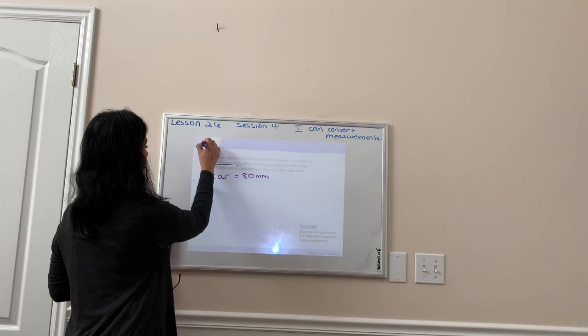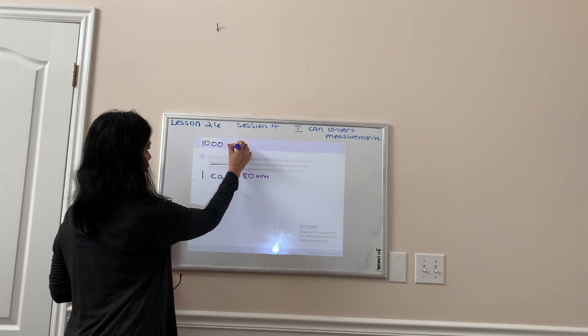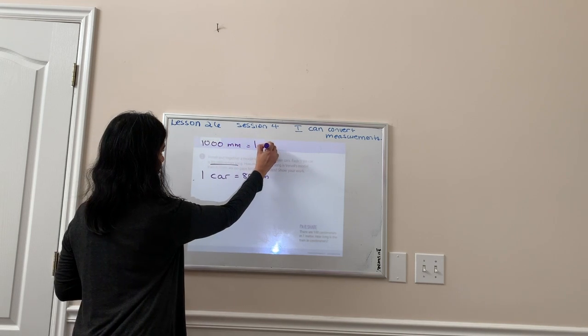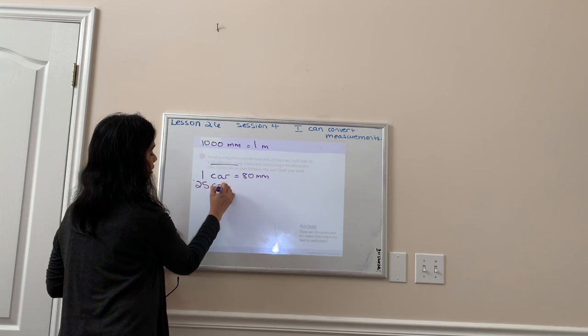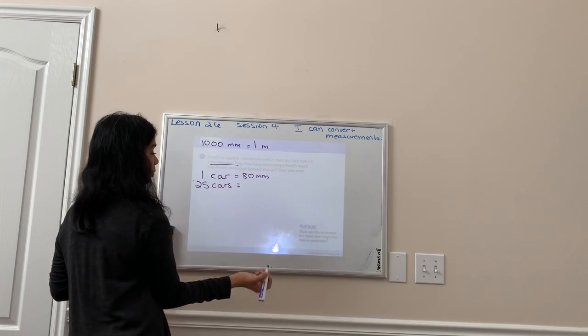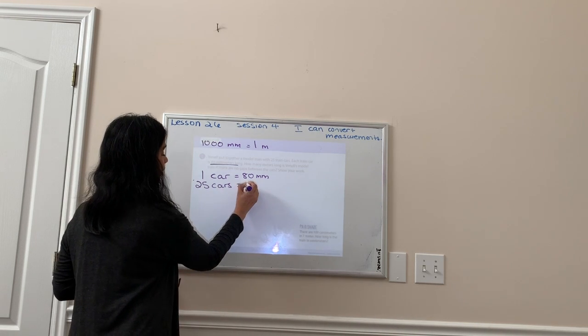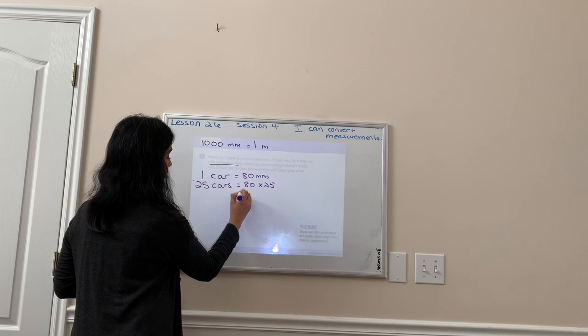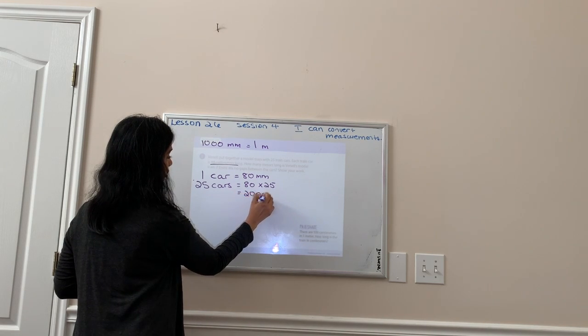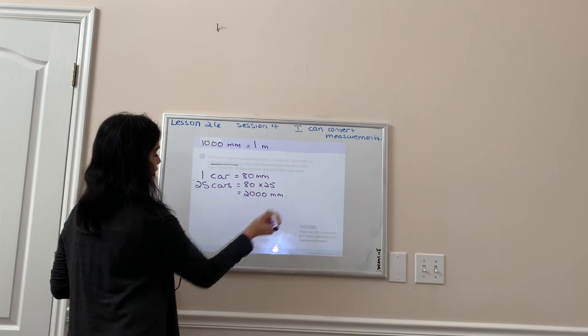Now we know that 1,000 millimeters is equal to 1 meter. That's important. And he has 25 cars. So if we want to know how long 25 cars would be, we need to multiply 80 by 25. That's going to give us 2,000 millimeters.